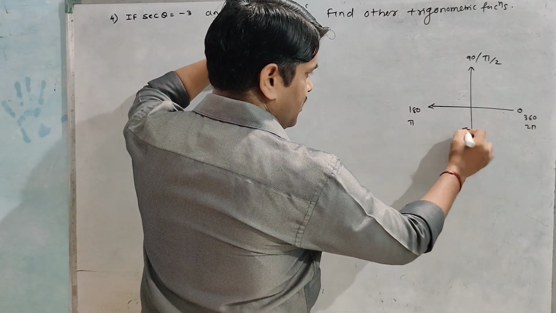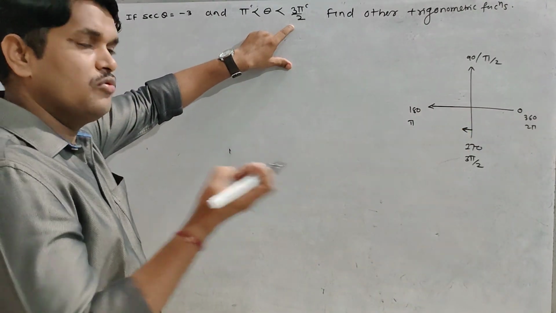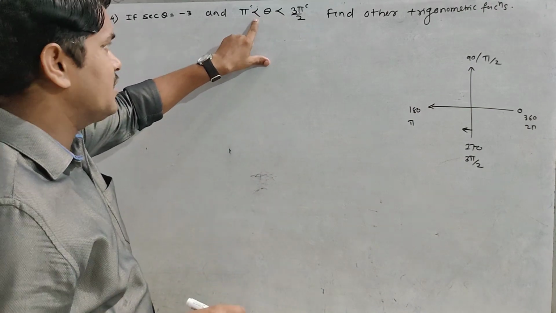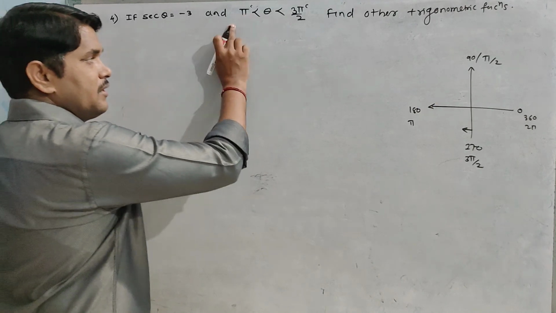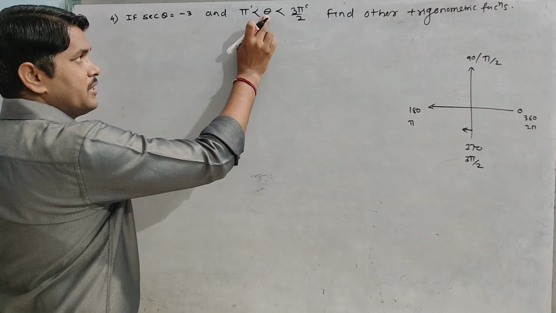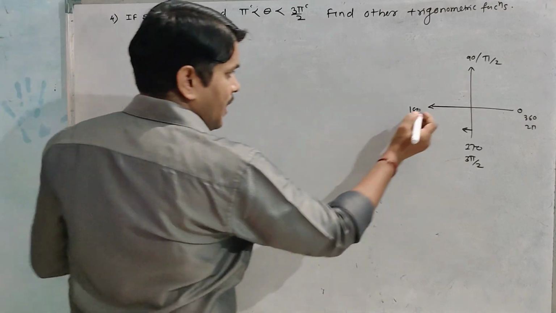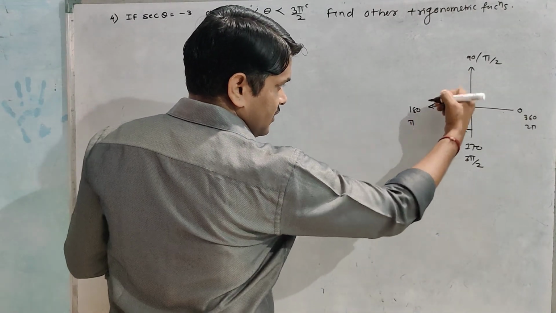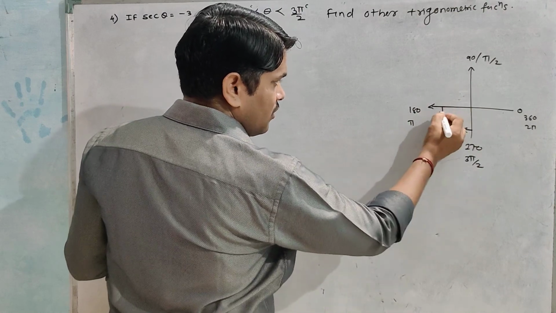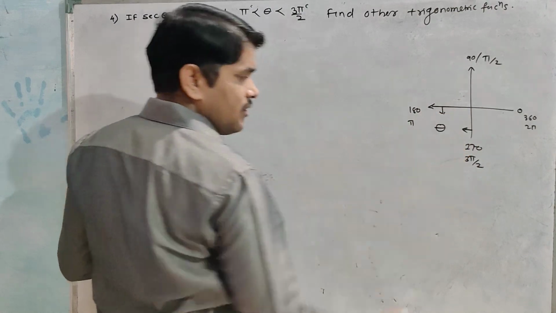Theta is less than 3 pi by 2, which means less than 270, but greater than pi. The symbol is less than, but when reading in the interchanged direction this symbol gets inverted, so theta is greater than pi. Greater than pi means after 180: 190, 200, 210. So theta lies in which quadrant? Third quadrant.